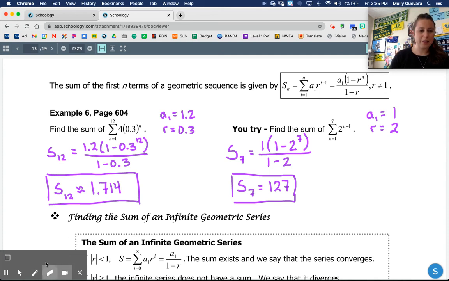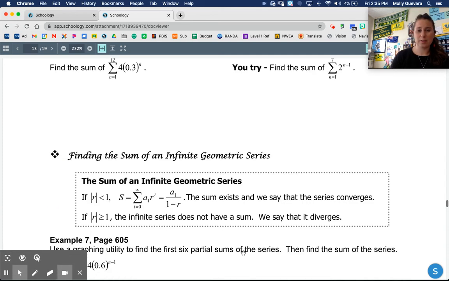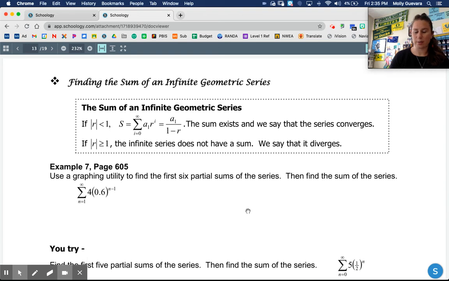Okay, now let's look at infinite sums, or infinite series, excuse me. How do I add up a sequence that goes on forever, right? I can do it as long as the absolute value of R is less than 1. So 1/3, 3/4, 2/5, whatever, right?